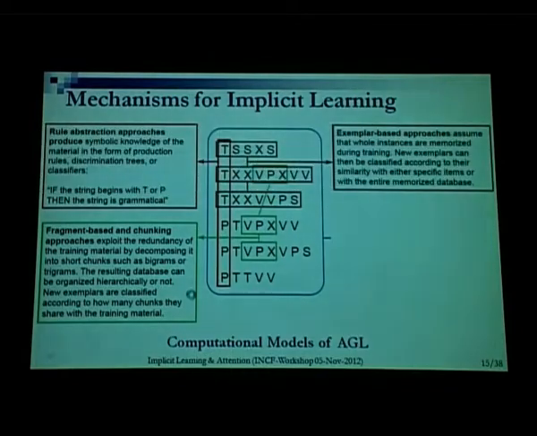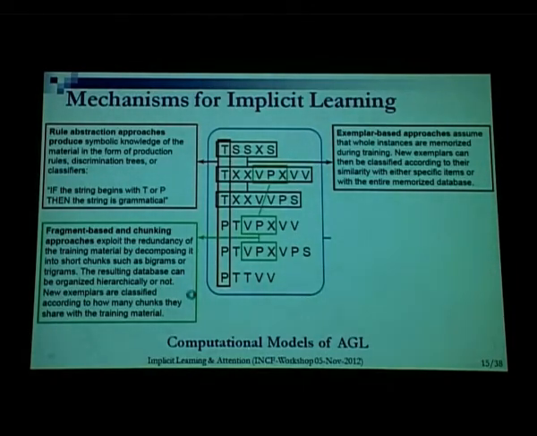The other is the exemplar-based approach, where the whole instances are memorized during training and new exemplars are classified. You have some sort of a similarity metric that directly compares these strings and gives a score of how likely it is going to be a grammatical string based on this example database.